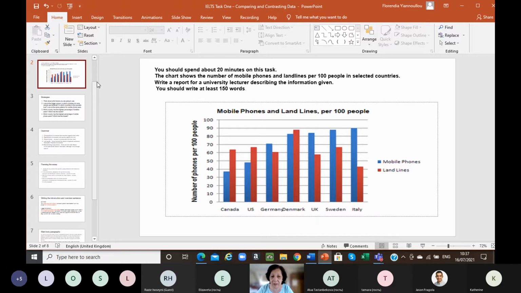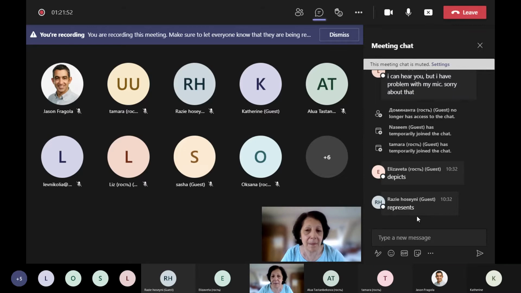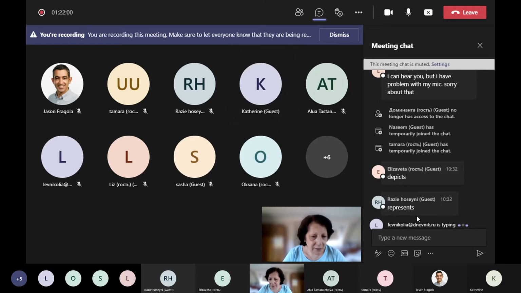Do you know what life expectancy is, anyone? That's an essay I've seen quite a lot on the IELTS. Anyone? You put it in the chat. What does life expectancy mean? Is it something you know from your real life? What life expectancy is, I can see someone is typing as well.